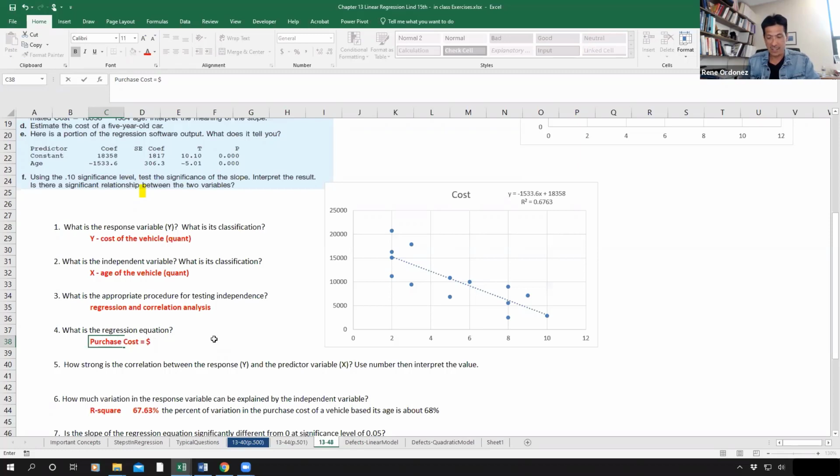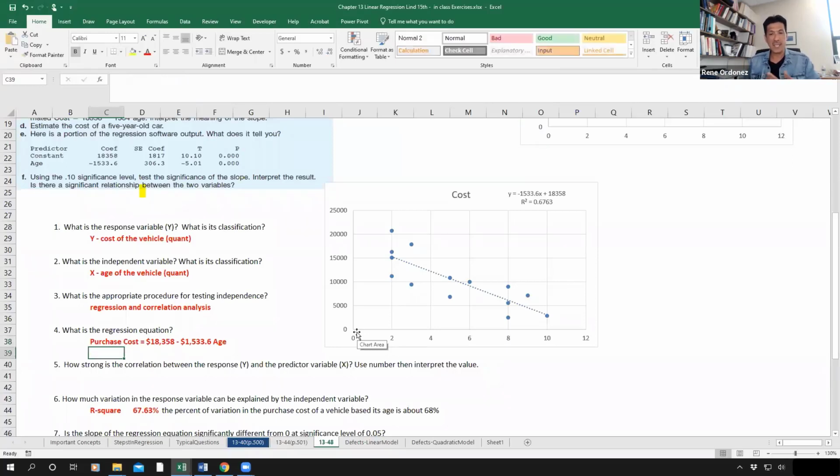Okay, $18,358 minus. Okay, so look at the slope of this line here. So the slope is 1,533.6.